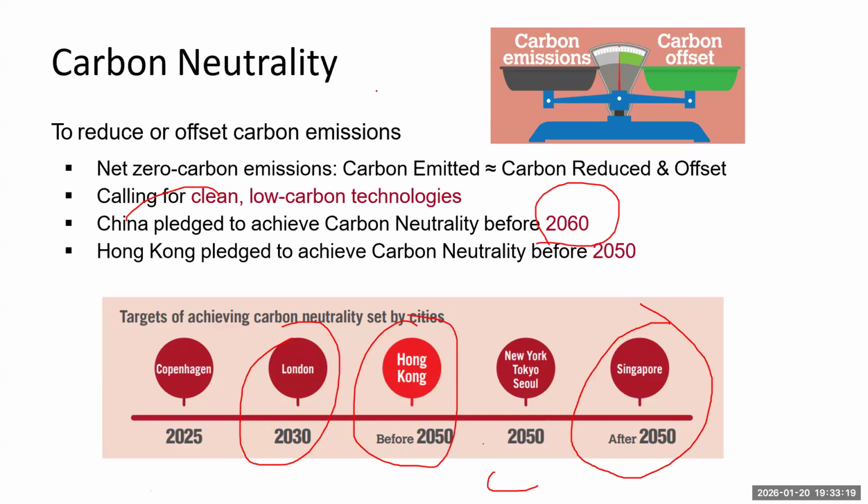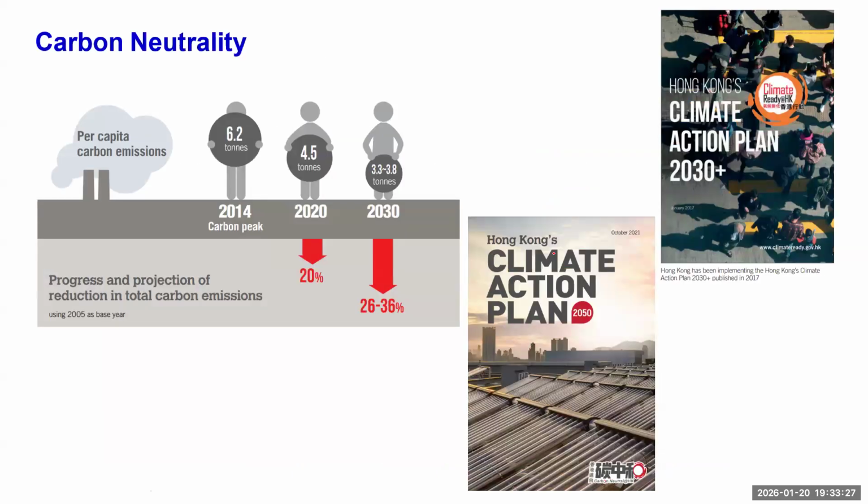Hong Kong, our commitment is 2050, and China is 2060. Then, if you have interest, you can also download and read the Hong Kong Climate Action Plan. So this is from that.